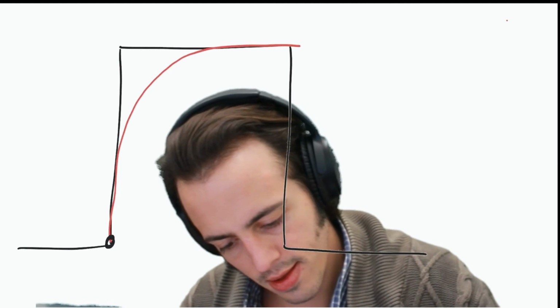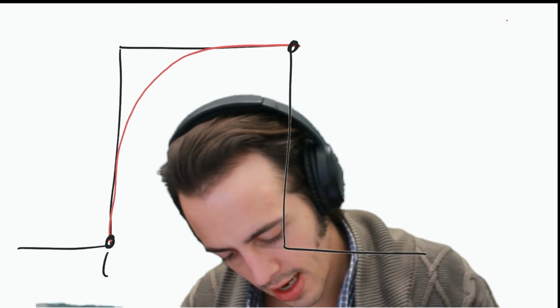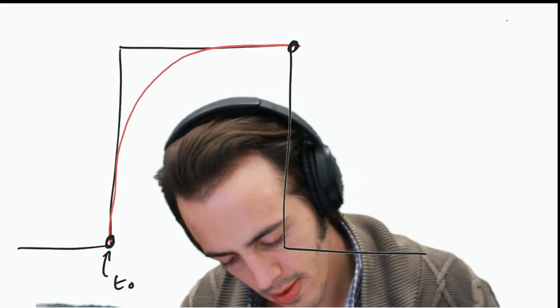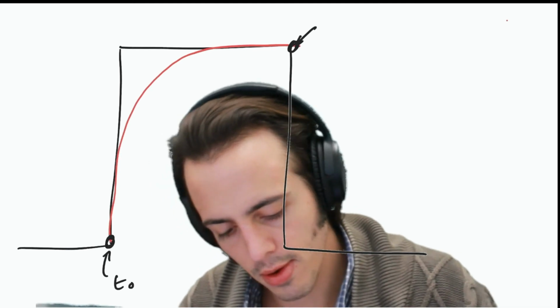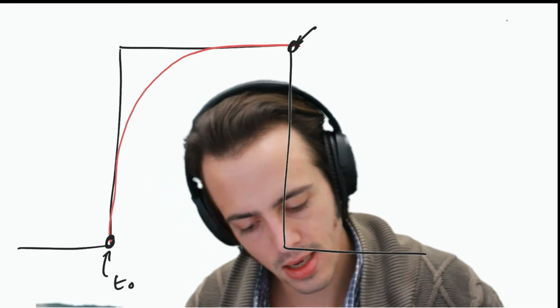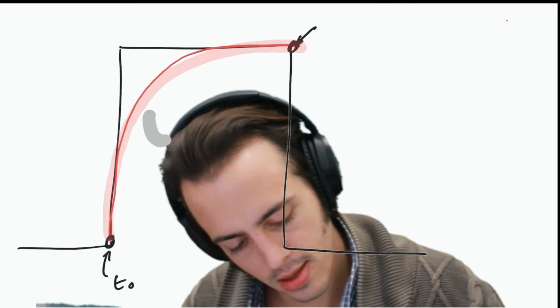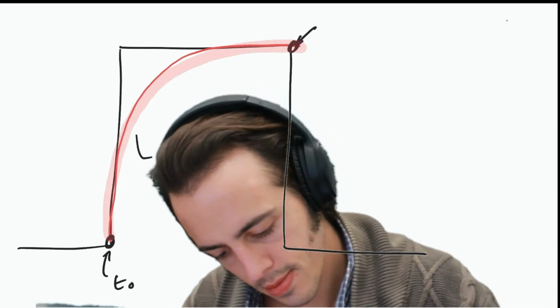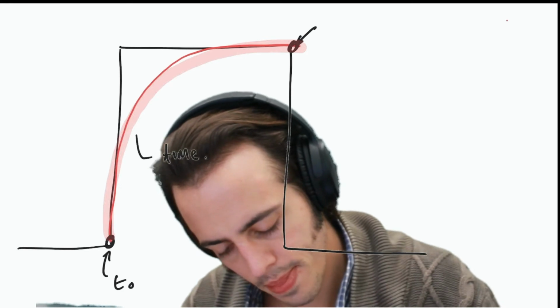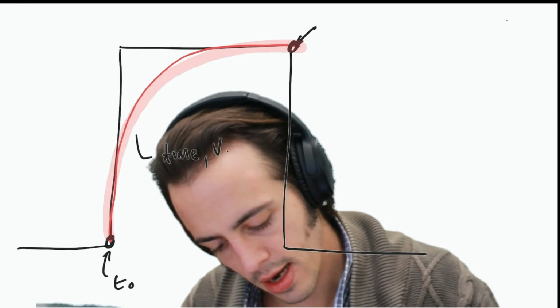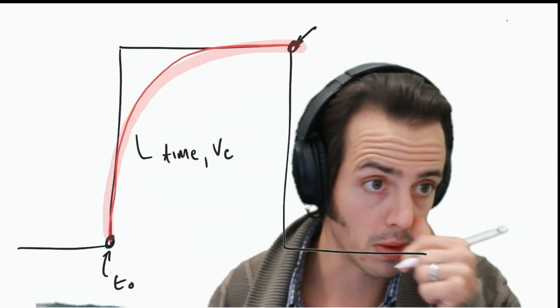If I can get all of these data, this can be my T0, and this is just the end. I then have time and VC, and I'm going to work on those two things.